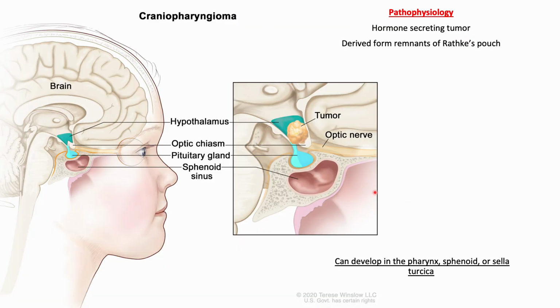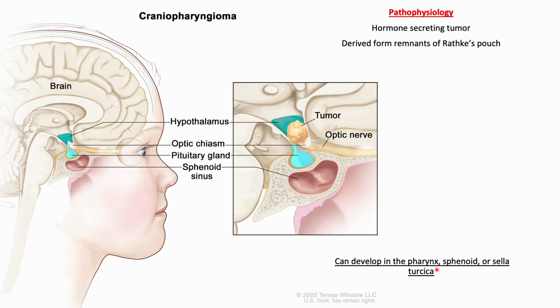All right, next up we have craniopharyngiomas. So a craniopharyngioma is a hormone-secreting tumor, and what's really important to note is that it's derived from remnants of Rathke's pouch, meaning that this is an issue of the development of the pituitary gland. So you have Rathke's pouch, which is that stomodeal ectoderm that should form the anterior pituitary, but if somewhere along this path you have a tumor arise, then this is what we're going to call a craniopharyngioma.